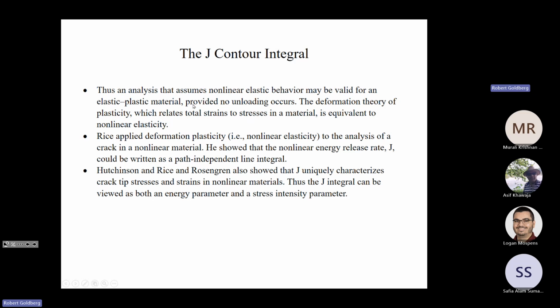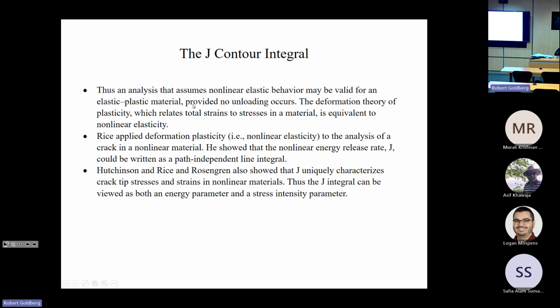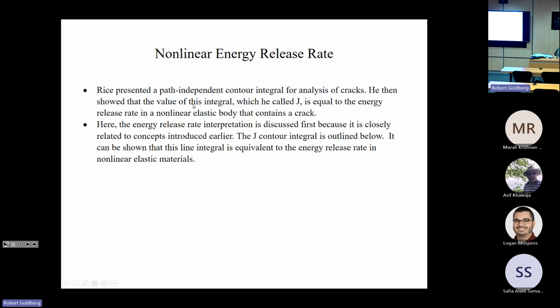The J integral can be viewed as both an energy parameter and a stress intensity parameter. The first thing we'll talk about is looking at the J integral as a nonlinear energy release rate. Rice presented a path-independent contour integral for the analysis of cracks.